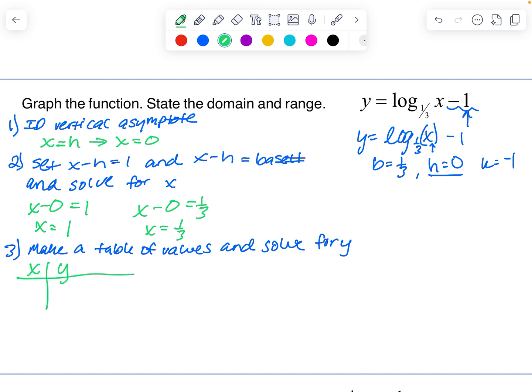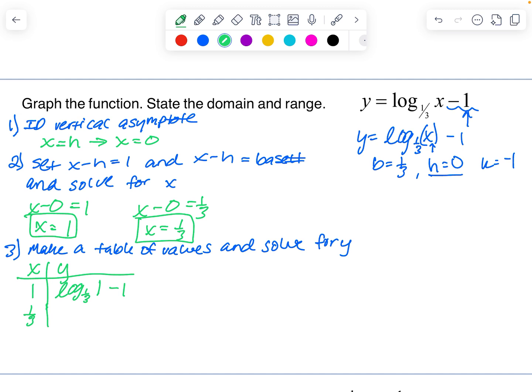I'm plugging in 1, and I'm going to plug in 1/3, but we're going to start with 1. If I plug in 1 for x into my original equation, we're going to get log base 1/3 of 1 minus 1.